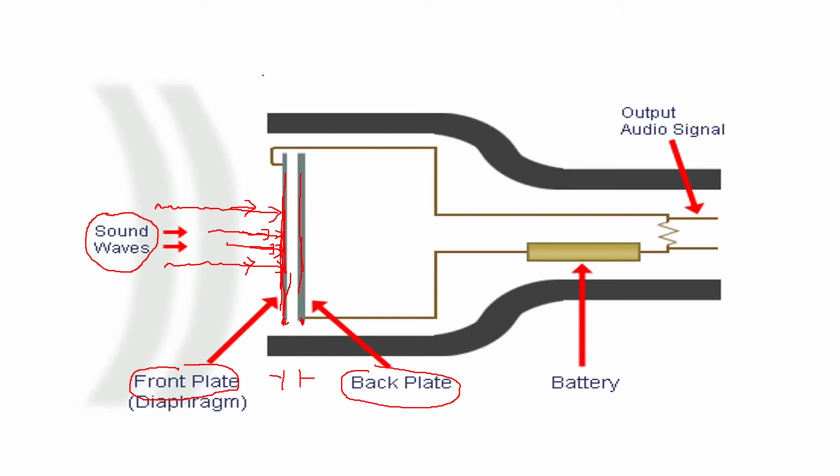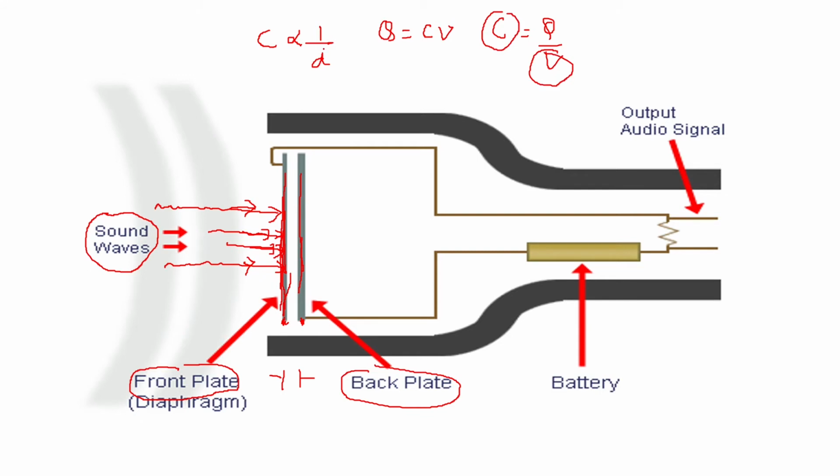Now we know that capacitance is inversely proportional to the distance between the two plates. We also have Q equal to CV, or C equal to Q upon V. So as the capacitance varies, the voltage across it varies inversely.